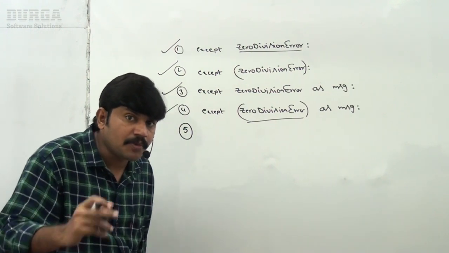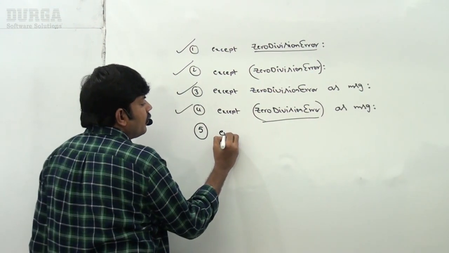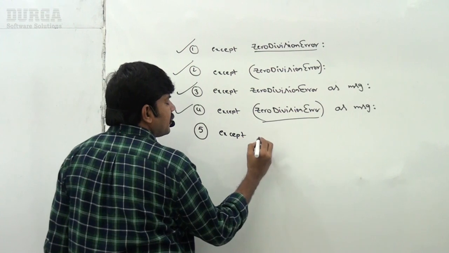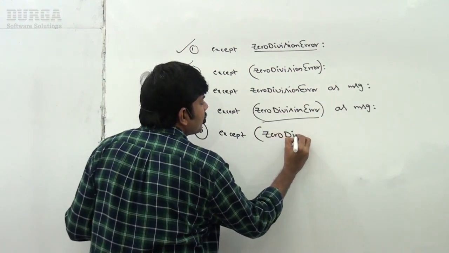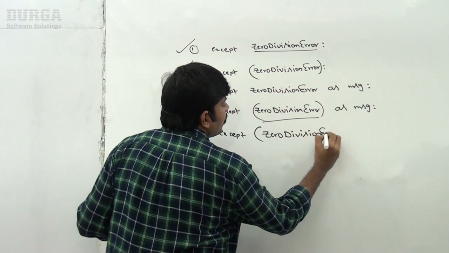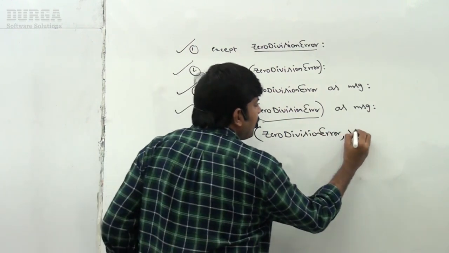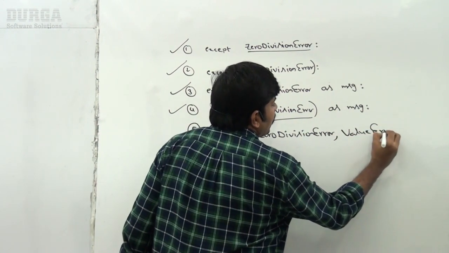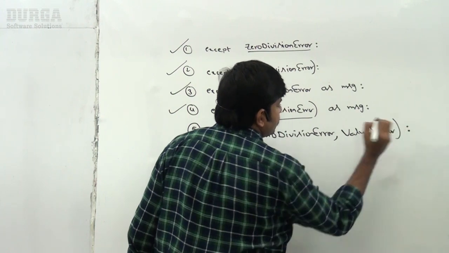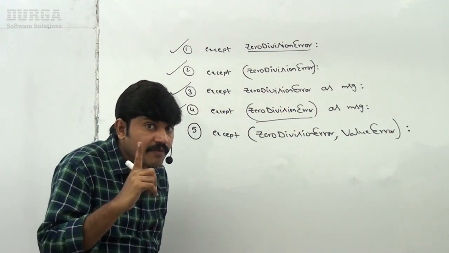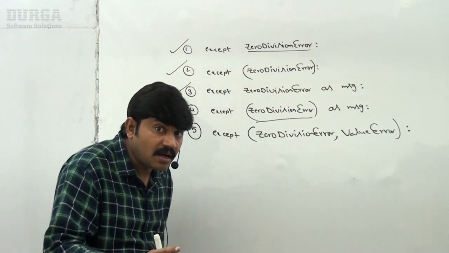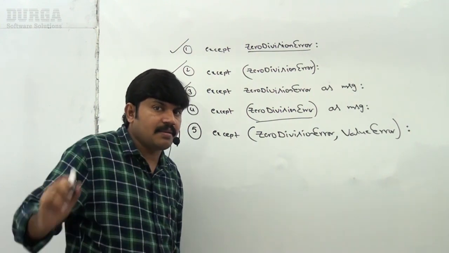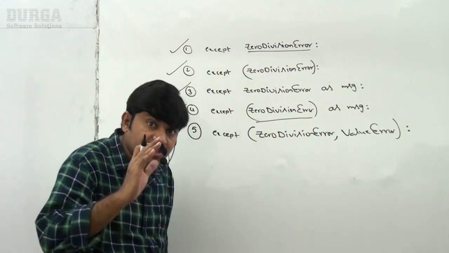Now except ZeroDivisionError, comma ValueError, like this I'm taking. Yes, it is valid. But whenever we are handling multiple exceptions, parentheses are mandatory. Remember this one, parentheses must be there.